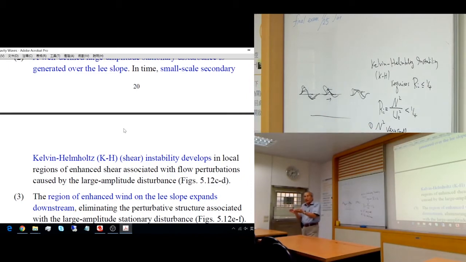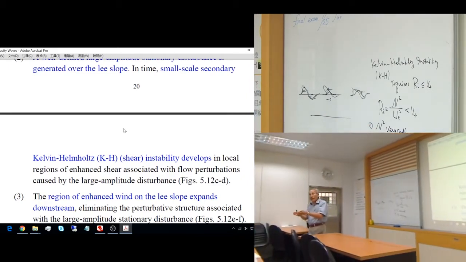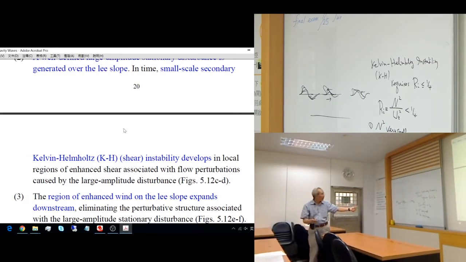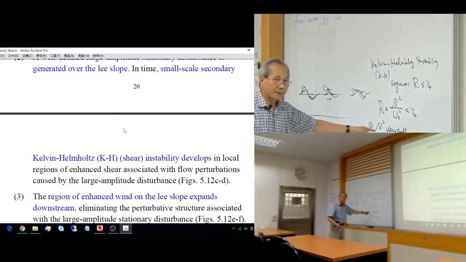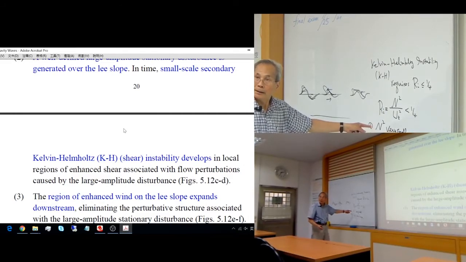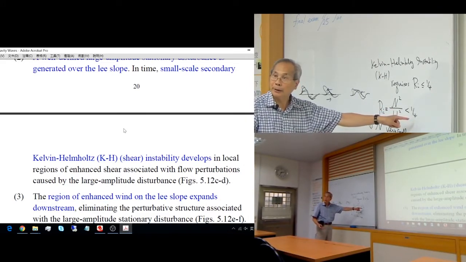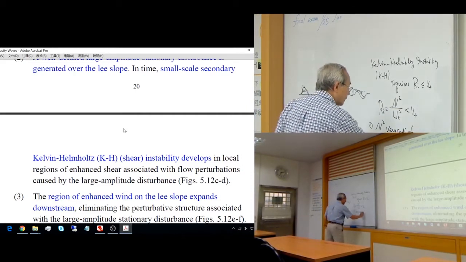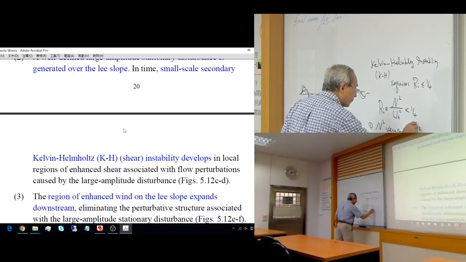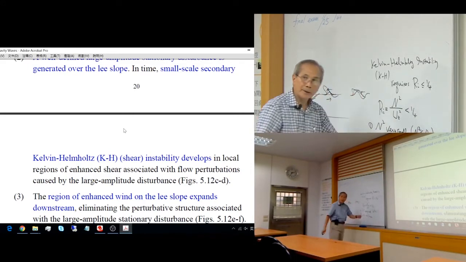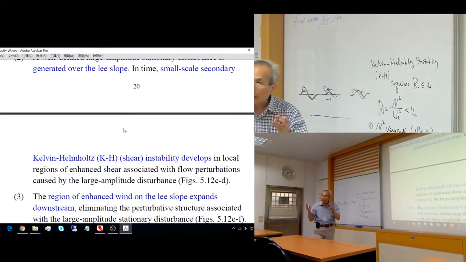When N is very small, that means weak stratification. But it can be negative, right? Even better if it is negative, because negative always guarantees less than one quarter. So this can happen. When N squared is less than 0, what kind of instability?